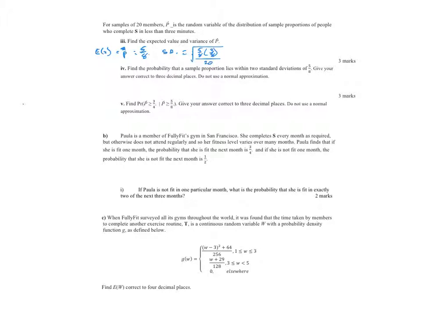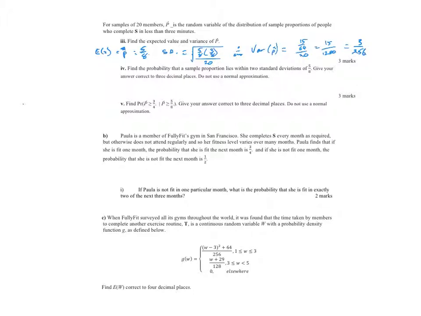Now, given my variance is the standard deviation squared, I can get away with, if we put it therefore, the variance of p hat is given by 15 on 64 divided by 20, which is 15 over 1280, which is equal to 3 on 256.